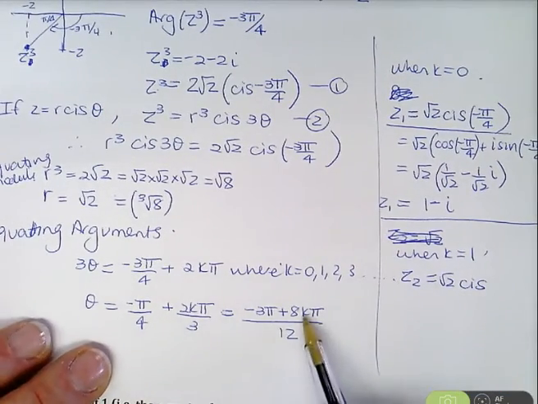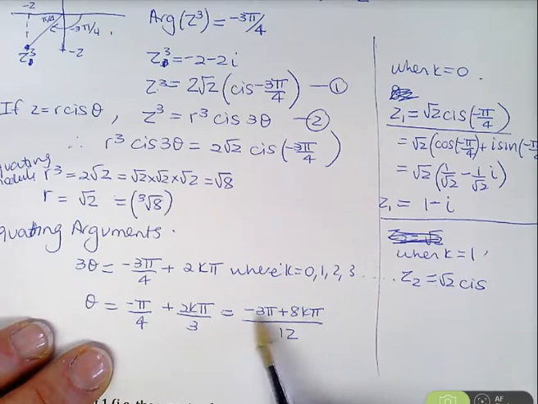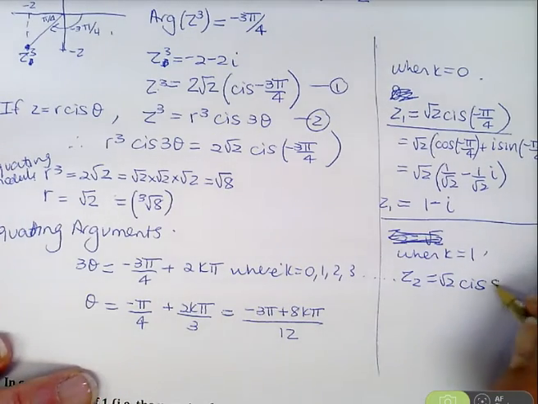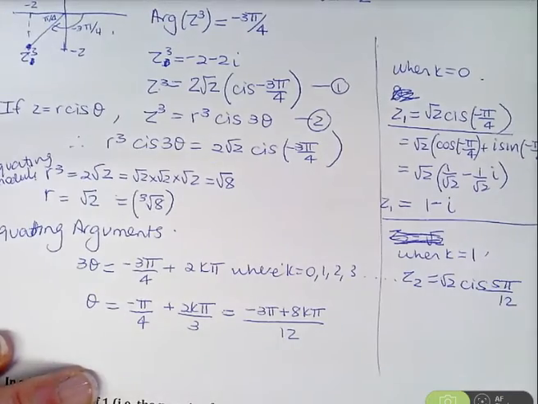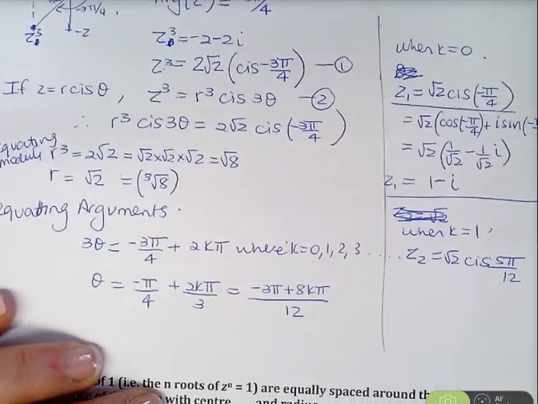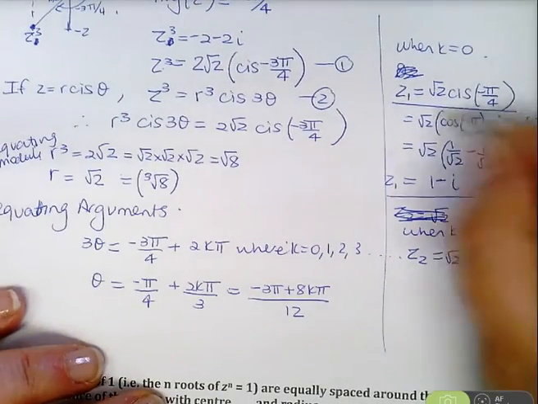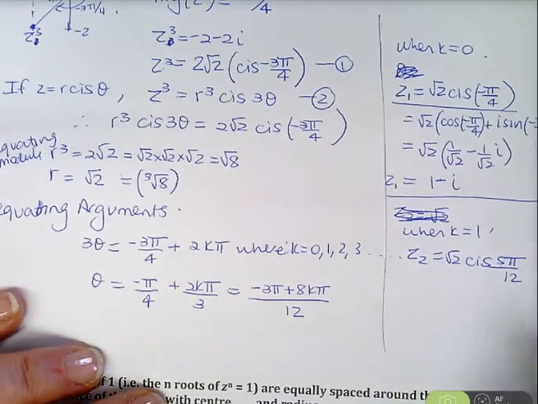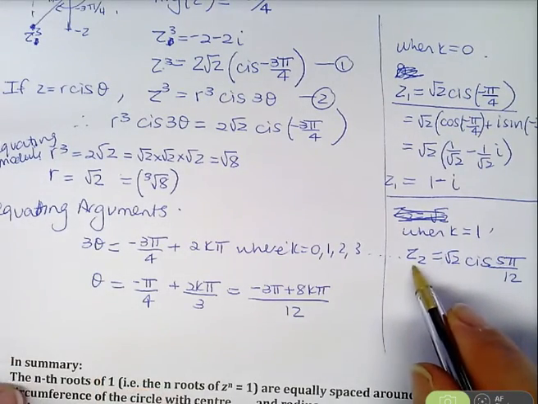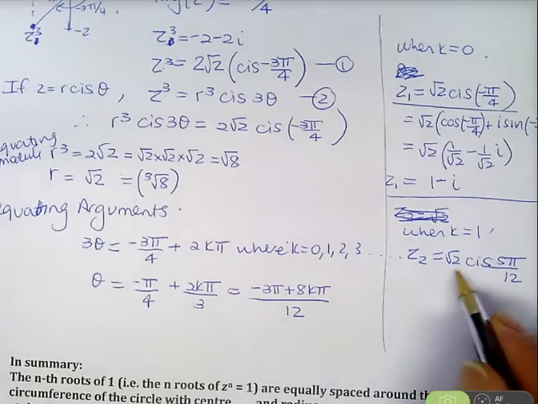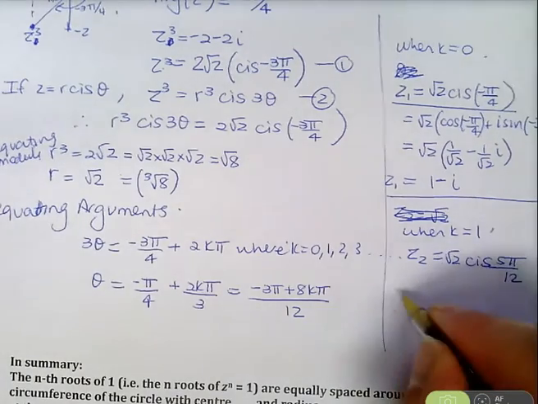So when k is 1, we get 8 minus 3, 5 pi on 12. I'm not going to work out that one because that's not an exact value. So the first root is root 2 cis minus pi on 4, and the second root Z2 is root 2 cis 5 pi on 12.